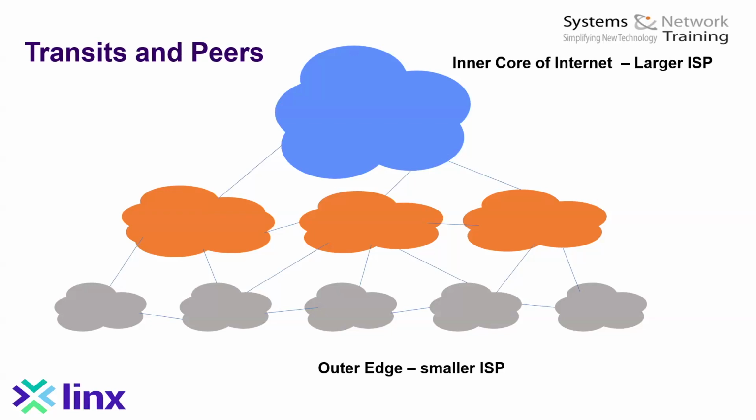Now, I should first, of course, qualify this one. We've talked about BGP peering and BGP peers, and that's a very technical thing. We know it means that there is a session of communication between BGP neighbor routers so that they can talk to each other. That's not what we're talking about here.